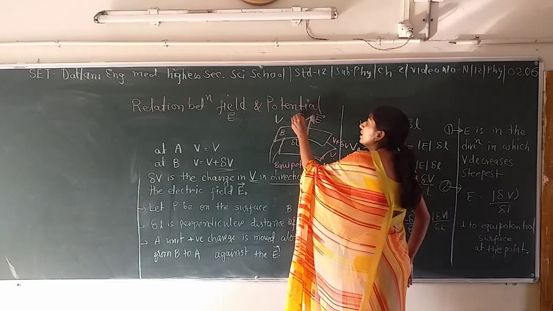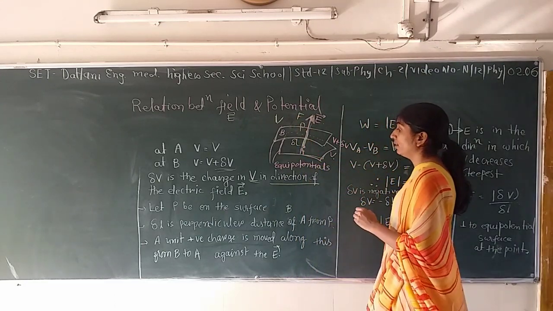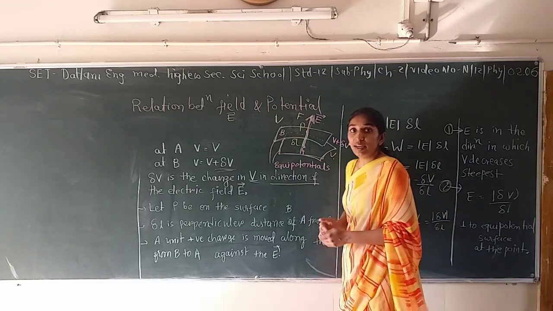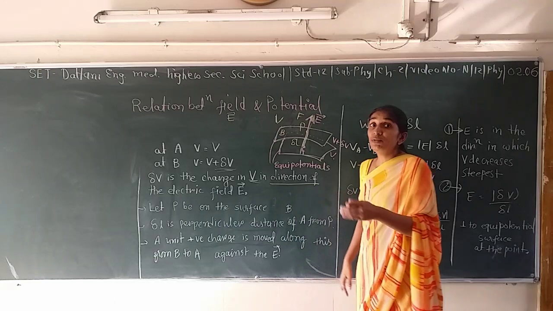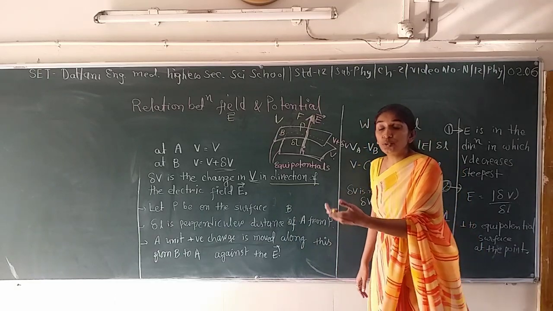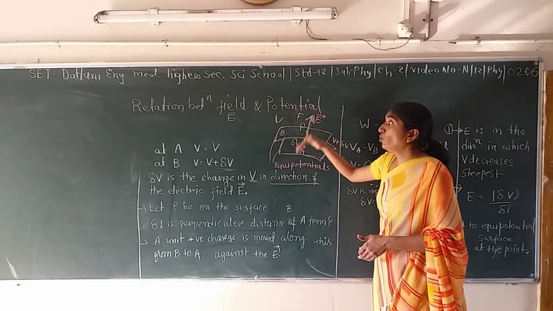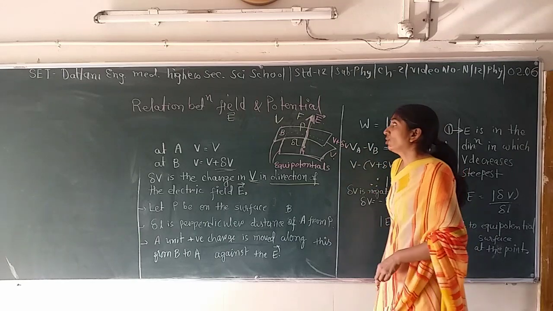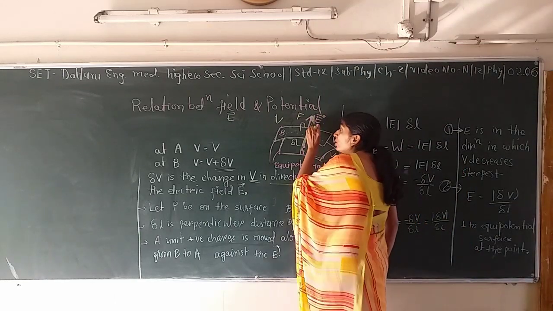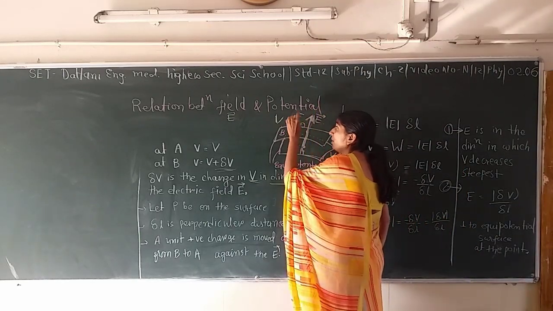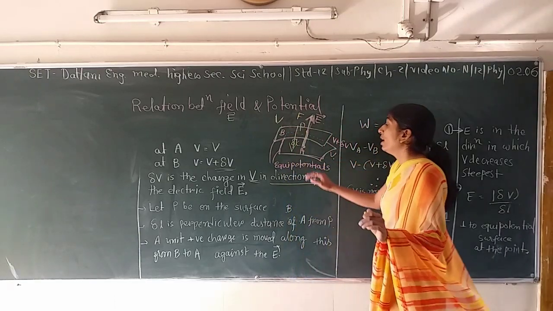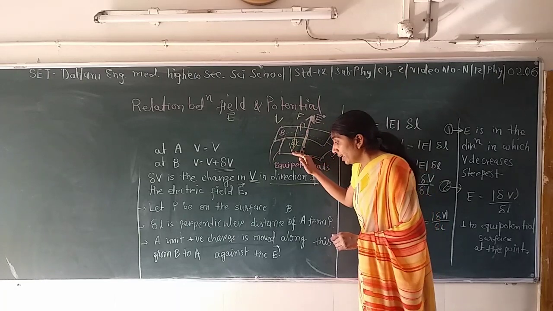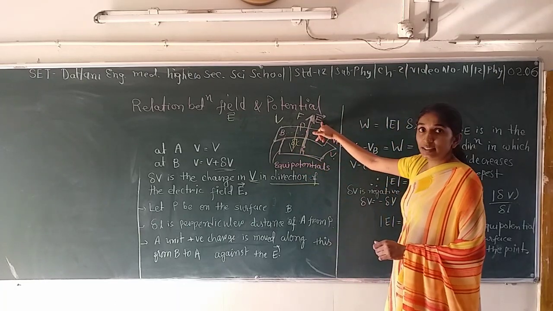If we want to calculate work done with the help of potential, we know that we are supposed to do work in the opposite direction of the force. That means from B to A, against the electric field E.